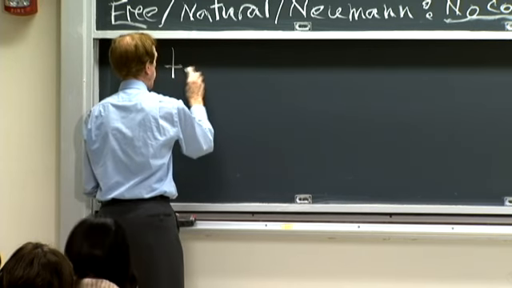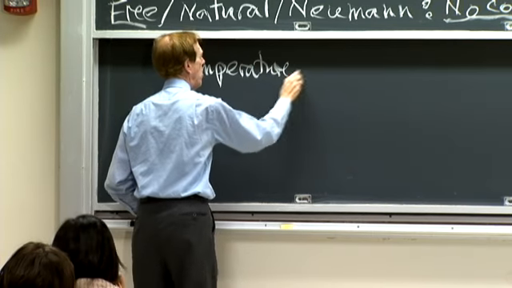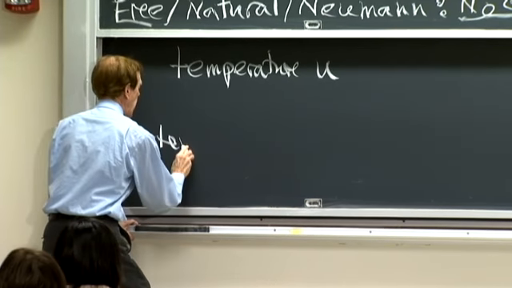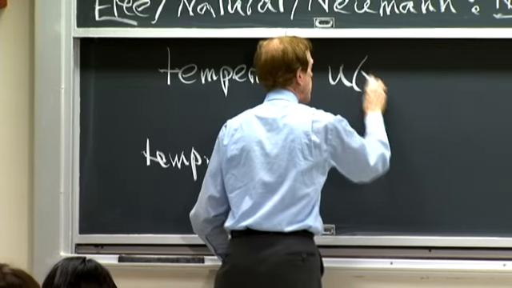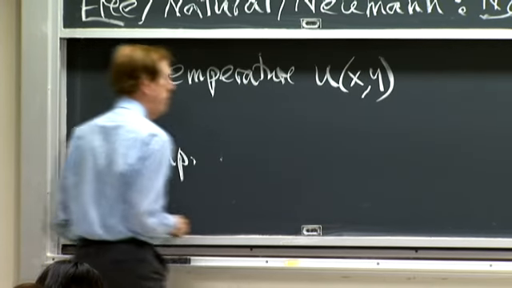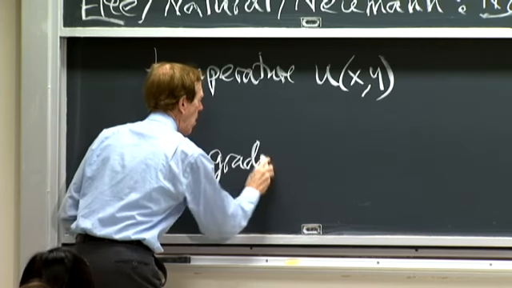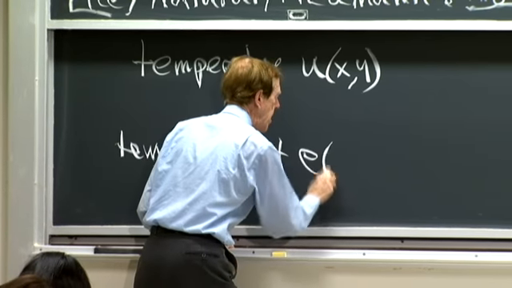So instead of being displacement, let me make it temperature. U, okay? Then I have a temperature gradient, a slope. But now the whole point is that U is a function of x and y. And if I'm consistent with the notation, that'll be E of x and y.